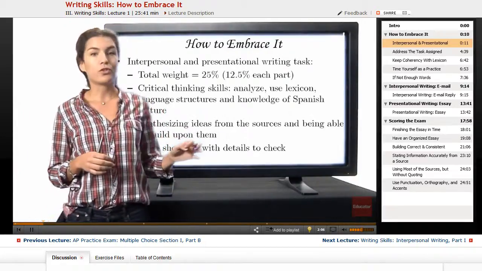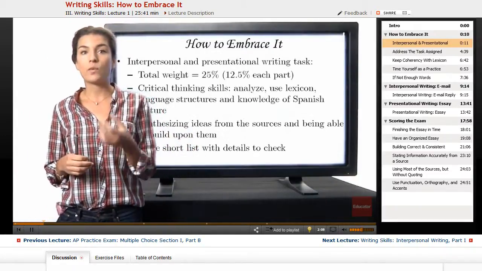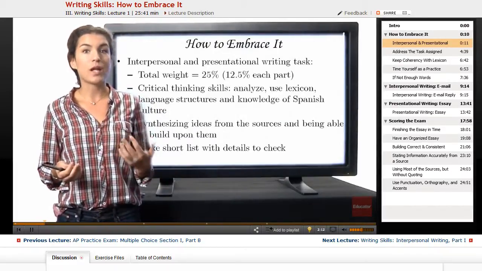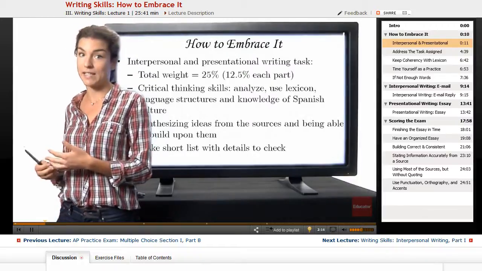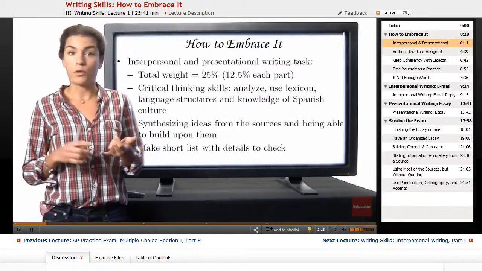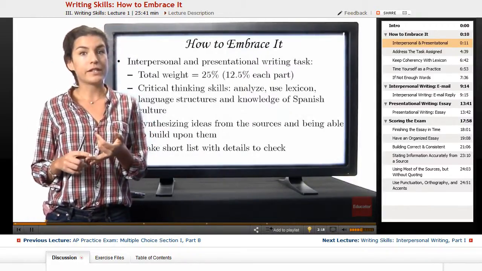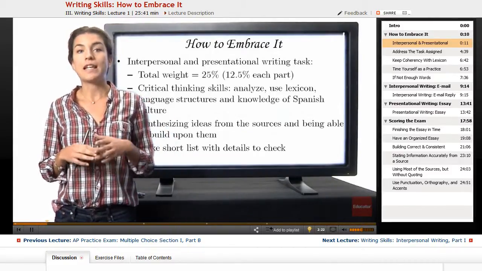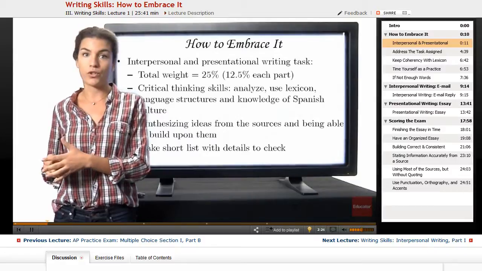Also, we have to make sure that with this critical thinking, we are able to understand the lexicon that is used in the text, as well as we are able to use the right lexicon. This means correct verbs, correct genders. We have to be able as well to use the right language structures.